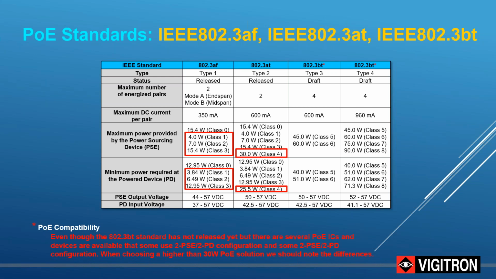Well, who's to say, and where do you find within a specification, and we will be covering specifications in a later part of the series, what specific voltage that camera or that connected device needs to turn on. A device that requires 57 volts is not going to turn on if it only receives 37 volts. And this adds to the confusion and the incompatibility between PSE sources and PD devices.